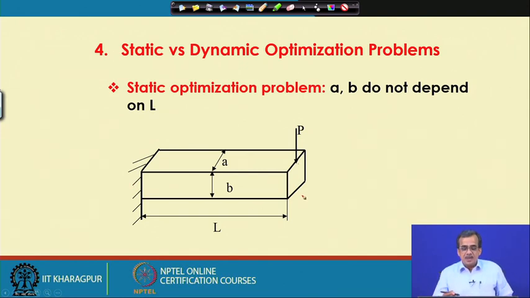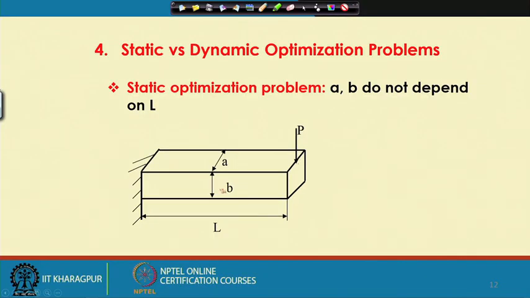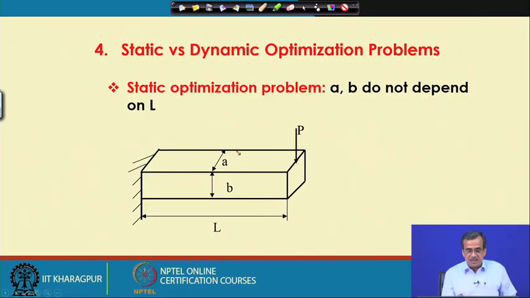What is our aim? Our aim is to design an optimal cantilever beam so that there should not be any mechanical breakage during its working, and to find a beam which has the minimum weight. If this is the optimization problem, I can formulate it mathematically, and here A and B do not depend on L and they are not varying with L. So, this type of optimization problem is known as the static optimization problem.